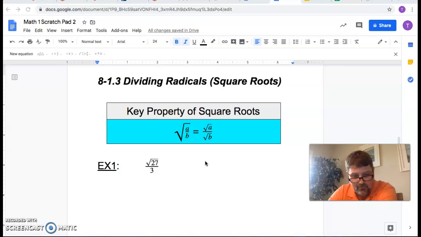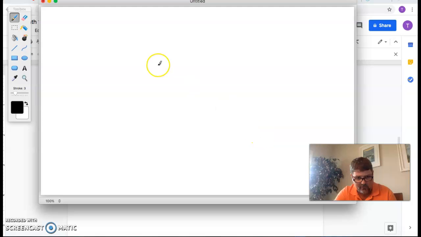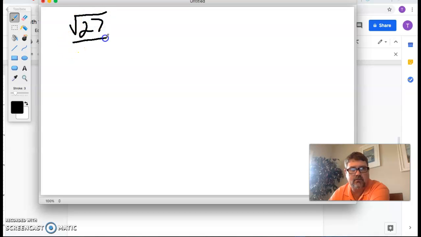The first example is the square root of 27 divided by 3. I'm going to work with the paintbrush here because it's a bit quicker. So we have the square root of 27 divided by 3.